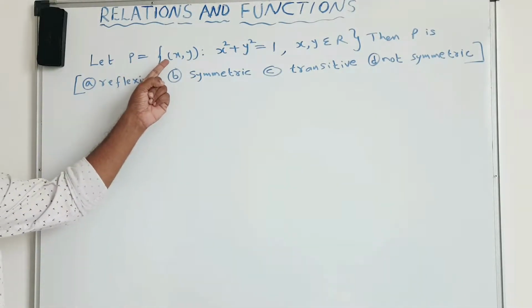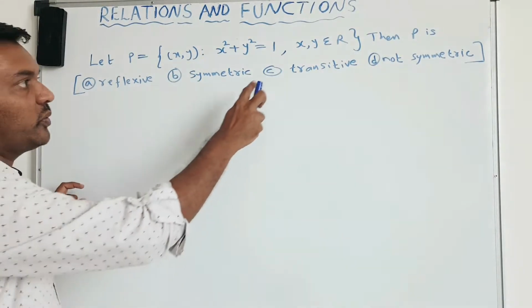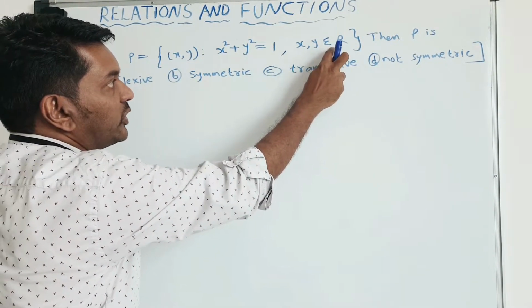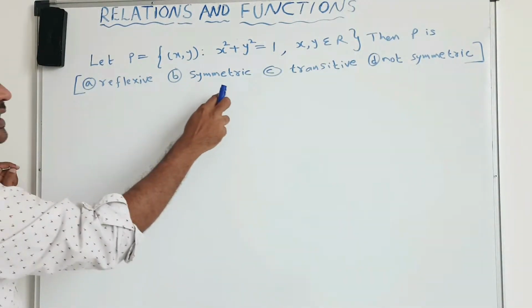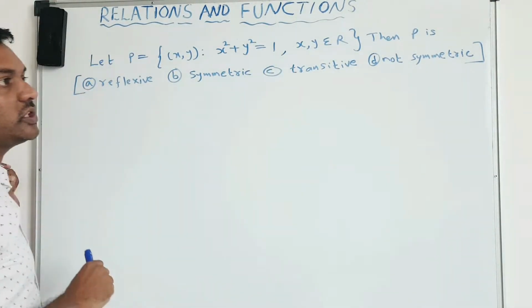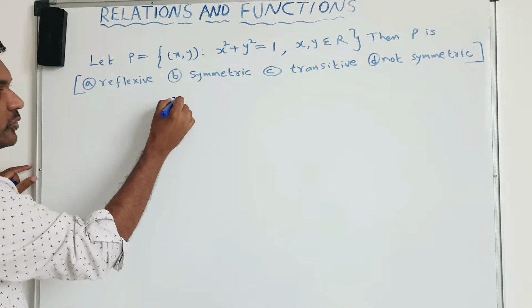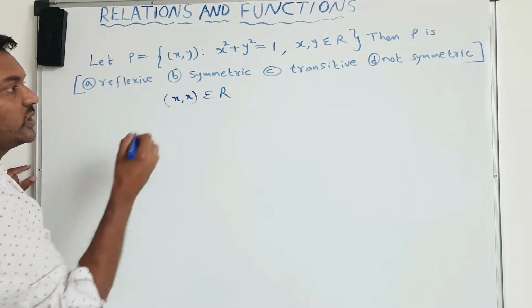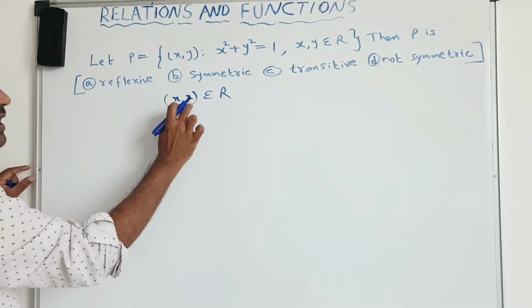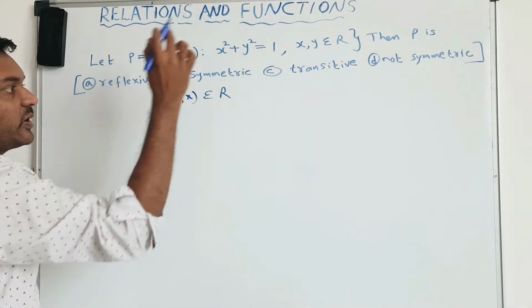Let P equal to the set of x comma y such that x square plus y square equal to 1, where x comma y is an element of real numbers. Then P is a reflexive relation, symmetric relation, transitive relation, or not symmetric relation. So I am checking whether it is reflexive or not. To prove reflexive, you need to prove x comma x belongs to this relation. X comma y means x square plus y square equal to 1.